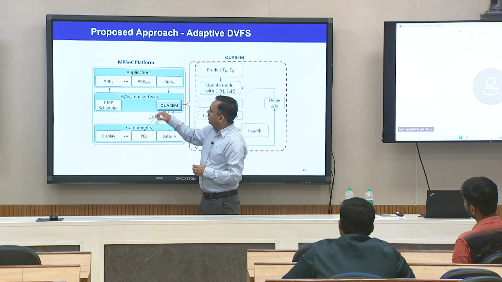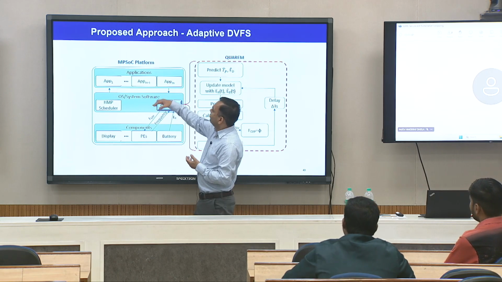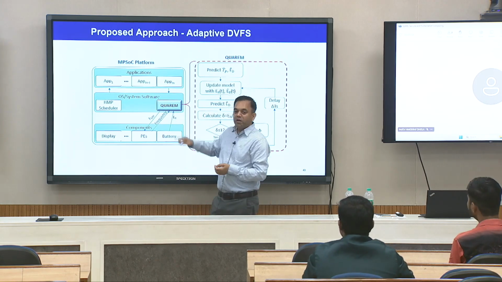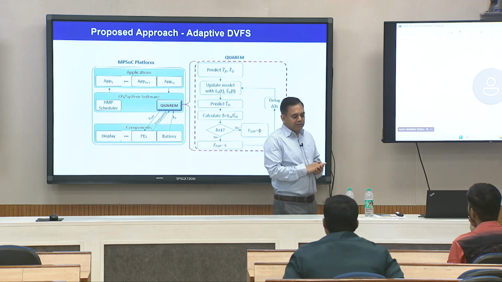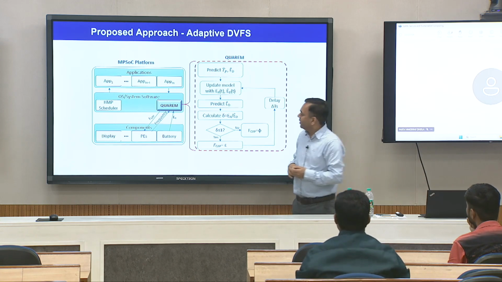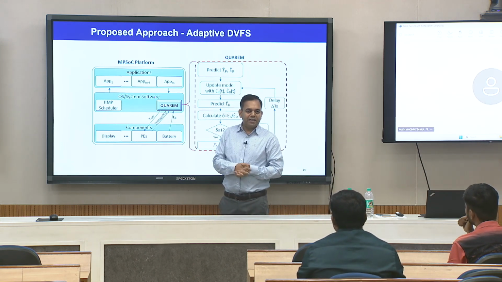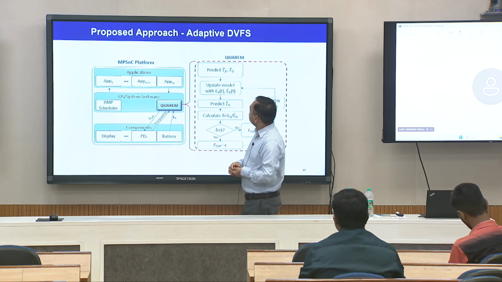In the middle, where there should be a component that maps this onto the hardware, he proposed his own approach called QARM. I forgot the full form. It's like quality aware, quality assurance, something like that, resource management.